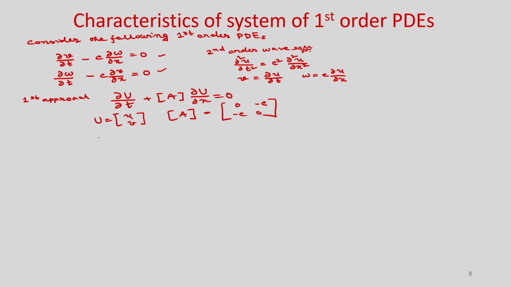Okay. So, determinant of A minus lambda I should be 0. It will be minus lambda, minus c, minus c, minus lambda, which should be 0. So, you will get lambda square minus c square is equal to 0. So, lambda is equal to plus minus c. You can see the eigenvalues are real and distinct.